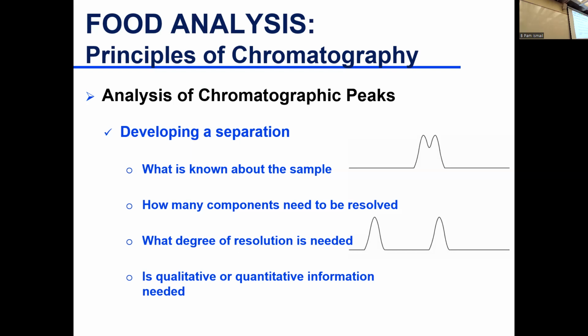But if you really want to do quantitation, the best way is to get them separated so that you can get the individual area under the curve. So we want to learn how we develop separation. It's very important in chromatography. If you don't develop separation, or reach the acceptable separation that you want, then chromatography fails, basically.